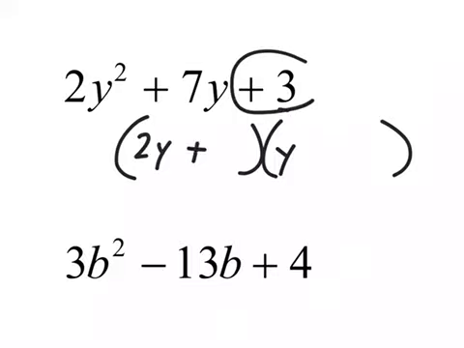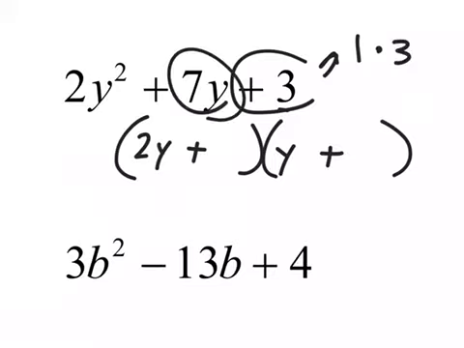So I'm going to go positive and positive here to get that positive 3 that will ultimately add up to get that 7. But here's the issue. The factors of this are 1 and 3. I need to decide which one goes where. Is the 3 going to go there, or is the 1 going to go there, or kind of switched around? And so you just kind of have to manipulate these until you find that scenario.